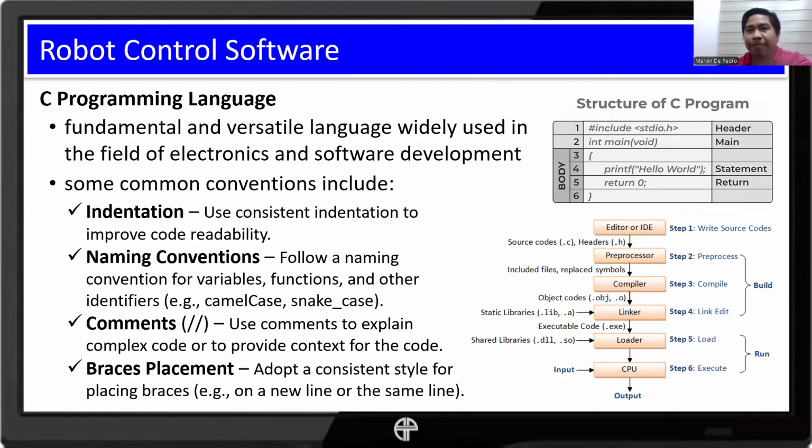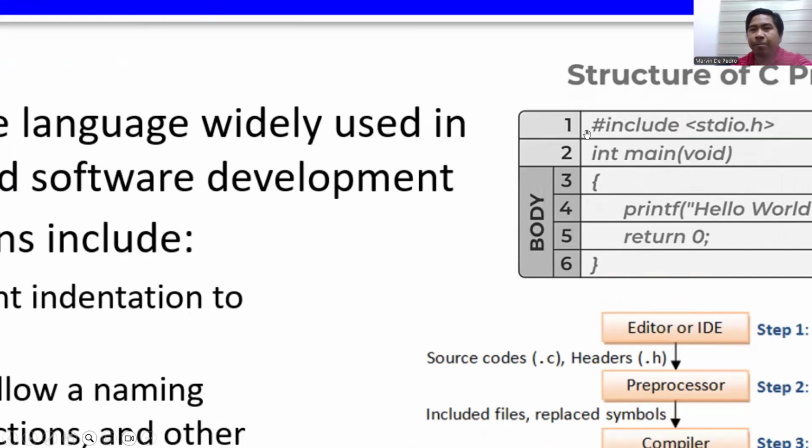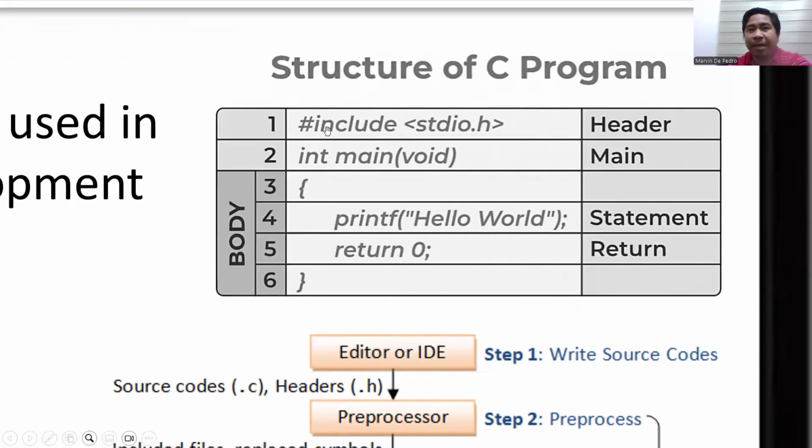So when we program in C, we normally have these parts. We have the header file, wherein we state the libraries or modules that we are going to use, as well as the header files.